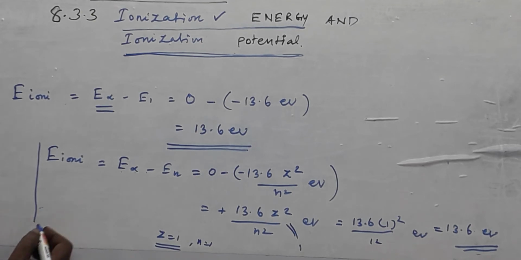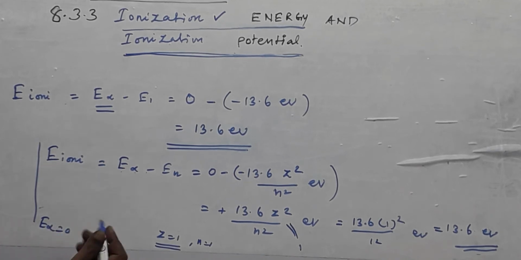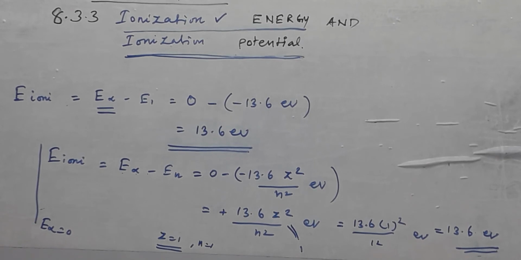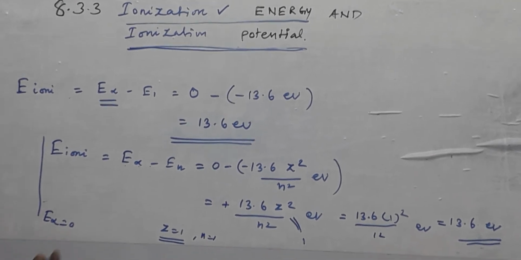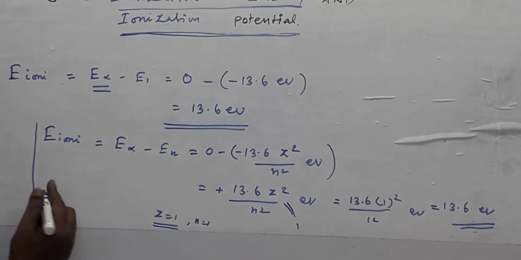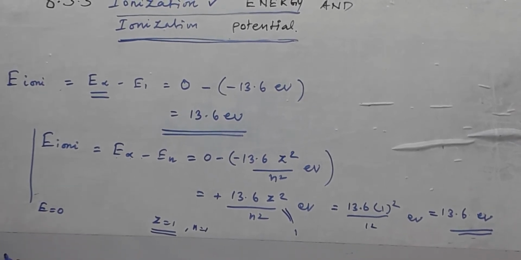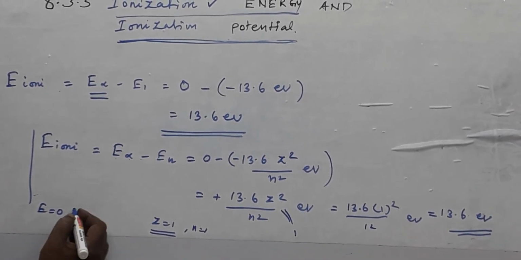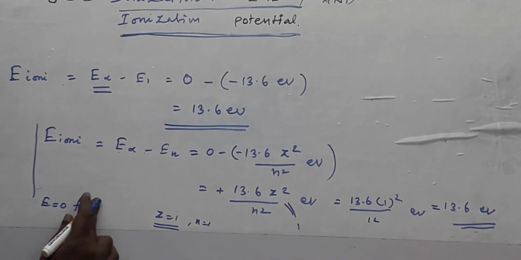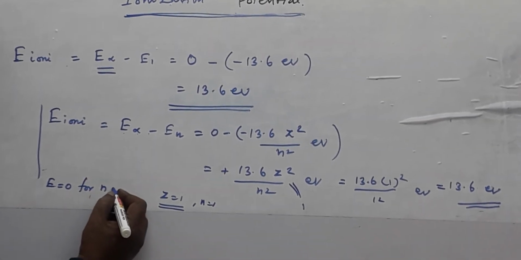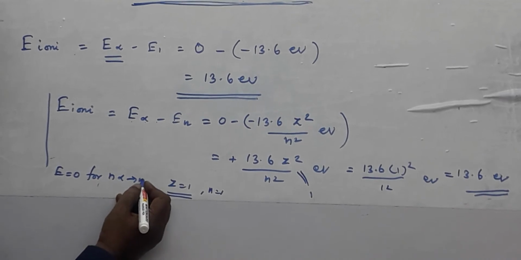It is nothing but E infinity equal to 0. That's why you have to say E equal to 0 for N infinity.